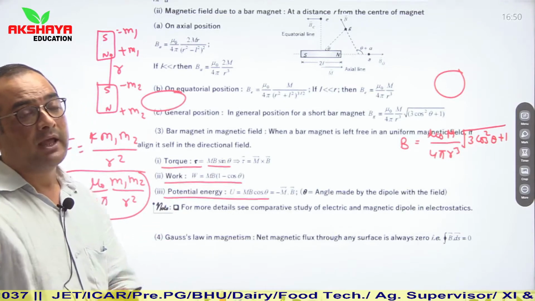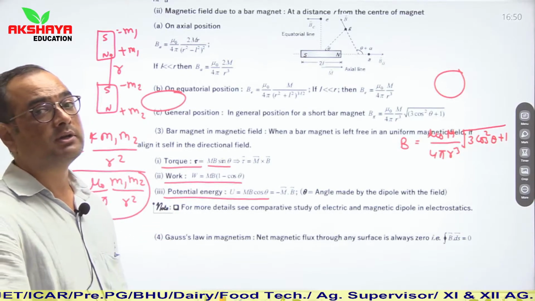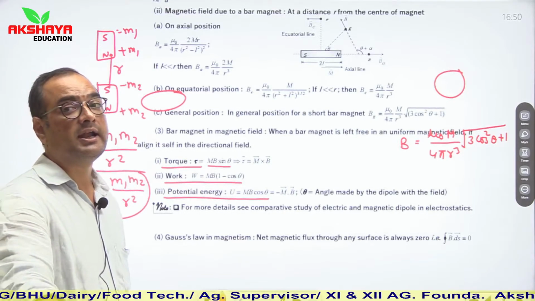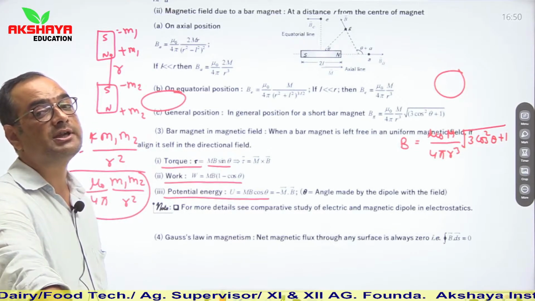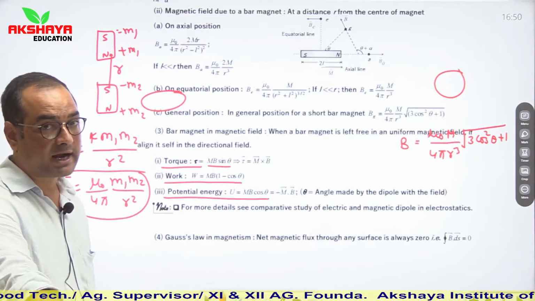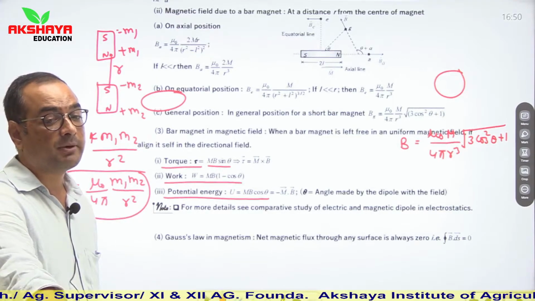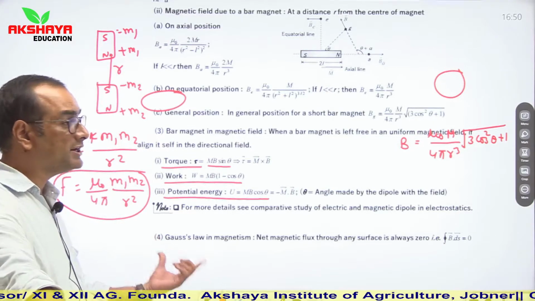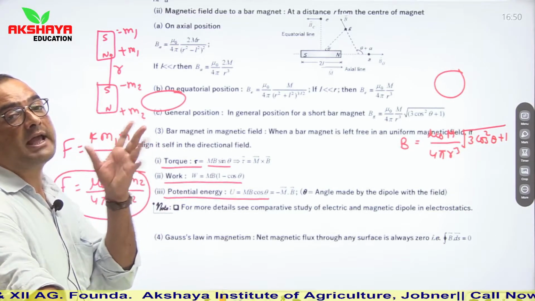Now another thing: Gauss law was valid in electrostatics because mono charges, or individual charges, can exist. But in case of magnetism, monopoles cannot exist.